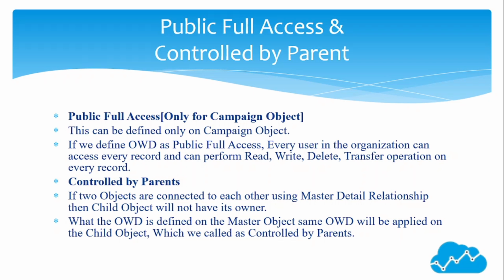Controlled by parent: if two objects are connected to each other using a master detail relationship, then the child object will not have its own owner. Whatever OWD is defined on the master object, the same OWD will be applied on the child object, which we call controlled by parent.